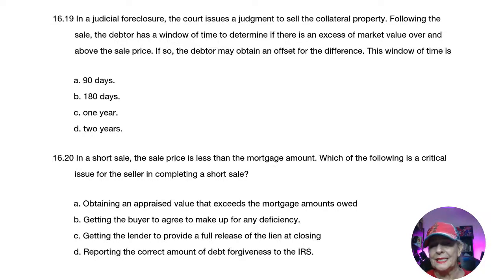So the answer is 1619A, 90 days. After 90 days, in the absence of a challenge, okay, as I mentioned, the debtor has to go and challenge them. The foreclosure price in a foreclosure sale is the number used to identify any deficiency, if there is a deficiency.